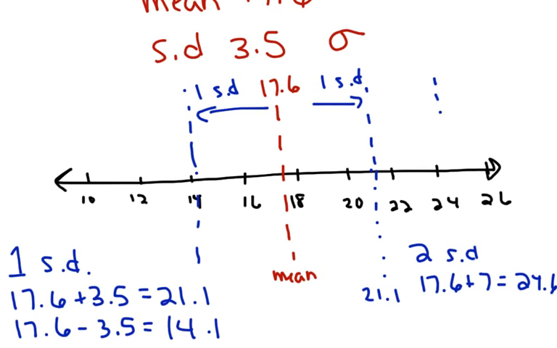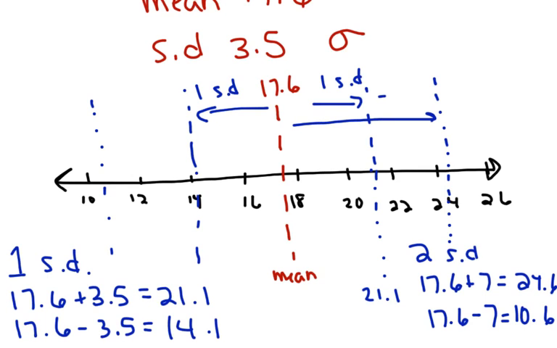So that's going to be about here. And then I'm going to do 17.6 minus 3.5 times 2, which is going to give me 10.6. It's just going to be over here somewhere. And that's a second standard deviation away from the mean.